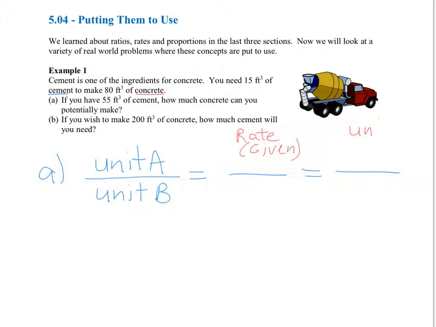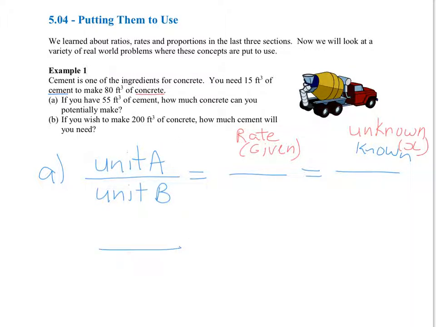So you're going to put your x in there, on the appropriate side. If you don't know unit A, your x would go up there. If they're asking you to find unit B, you would put your x down there. But they're going to give you one unknown, and they're going to give you one known as well. So that probably doesn't make a whole lot of sense, but let's try it.